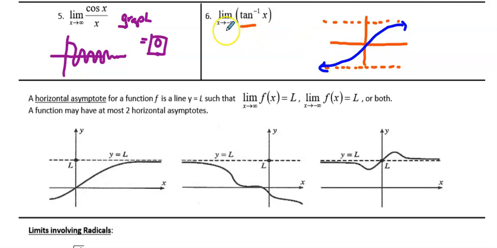If I'm asking you to look at this function as it approaches negative infinity, well then, like before, as x is getting smaller, we're going across this. So the answer for this problem is going to be what this is right here. And I hope you realize that this is bounded by pi over 2 and negative pi over 2. So there is no work for this answer.